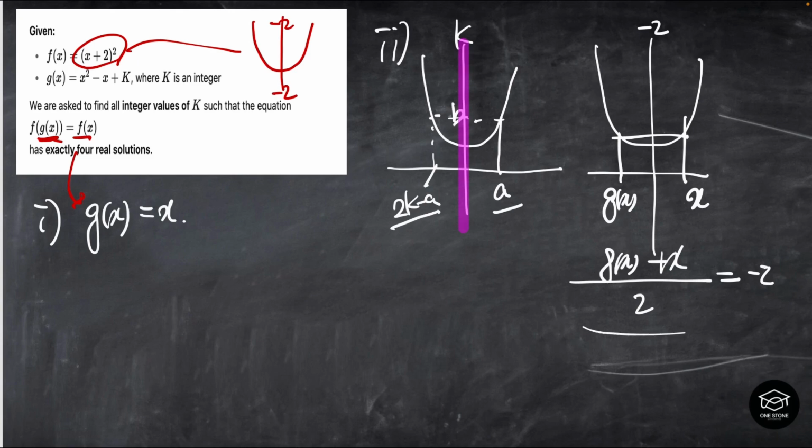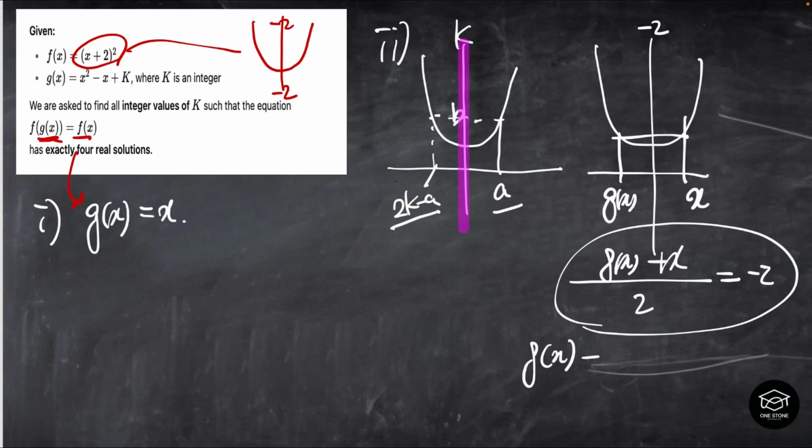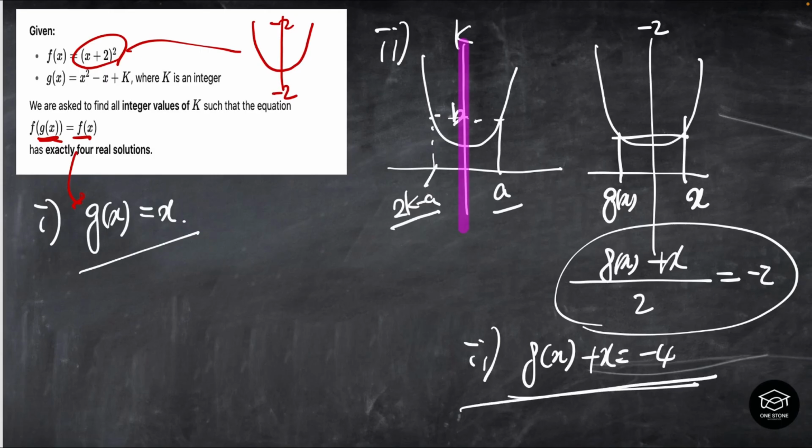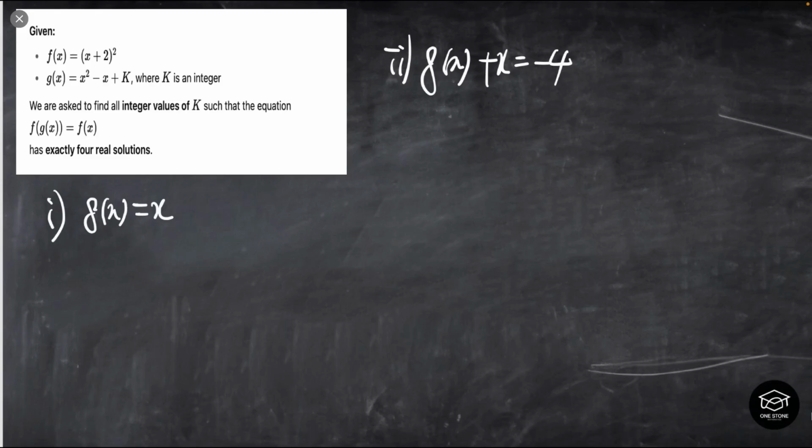That gives us the condition (g(x) + x)/2 = −2, or simply g(x) + x = −4. So, the two cases we will consider are g(x) = x and g(x) + x = −4.